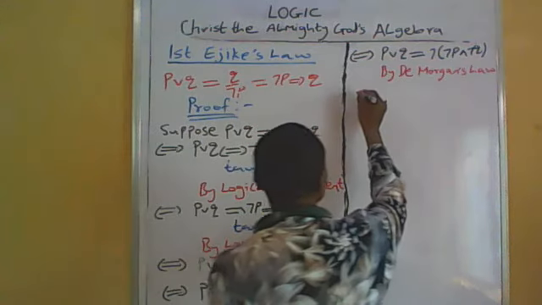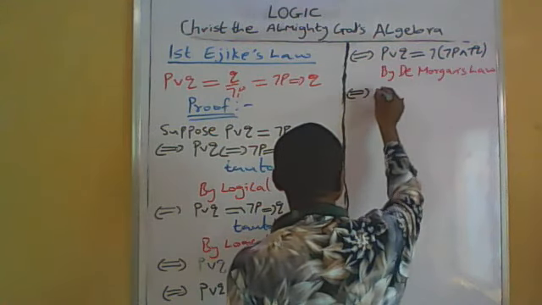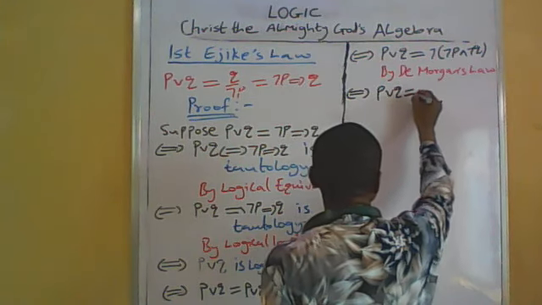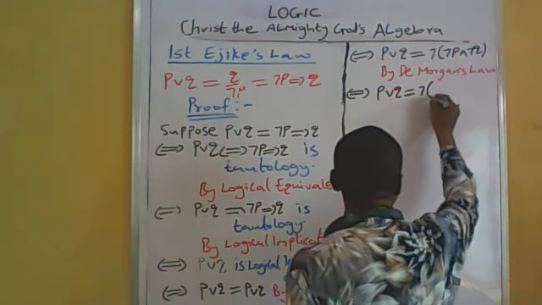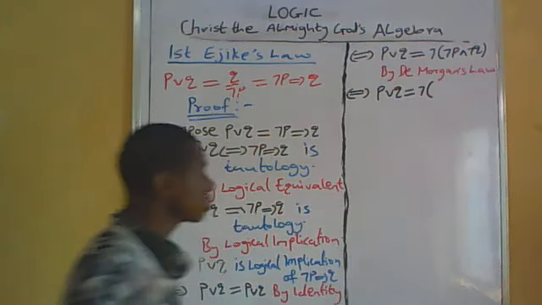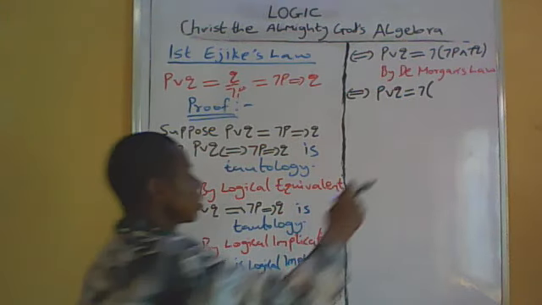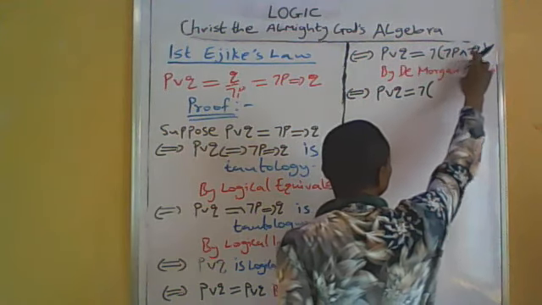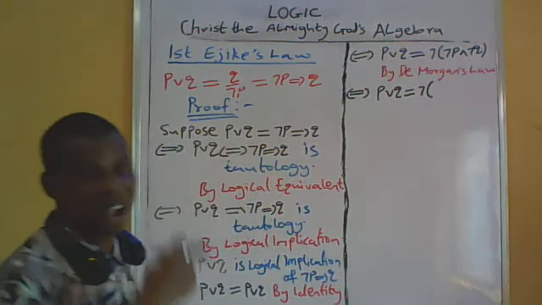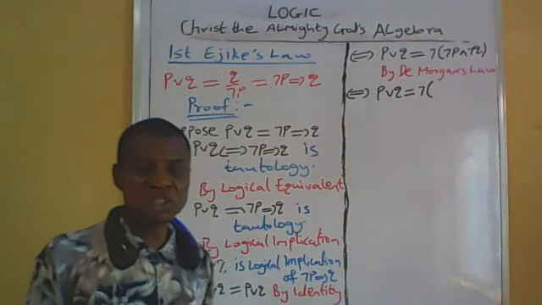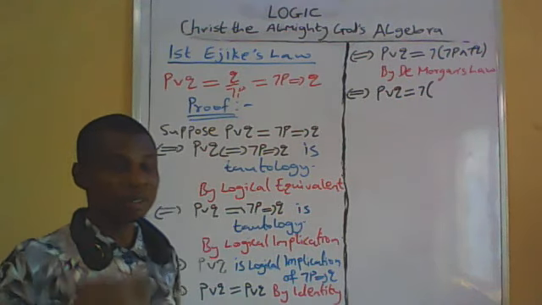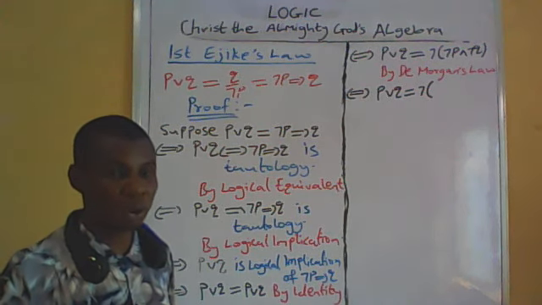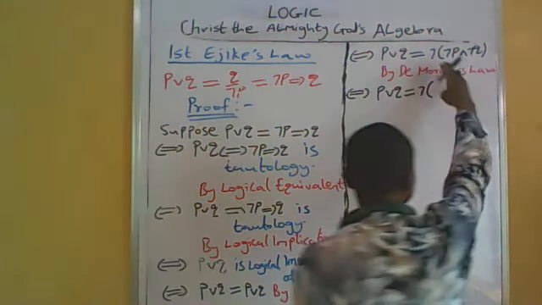If and only if P or Q is equal to not bracket, now this not P and not Q, we are going to intensify it. It's called intensification of law. They want to intensify this statement.